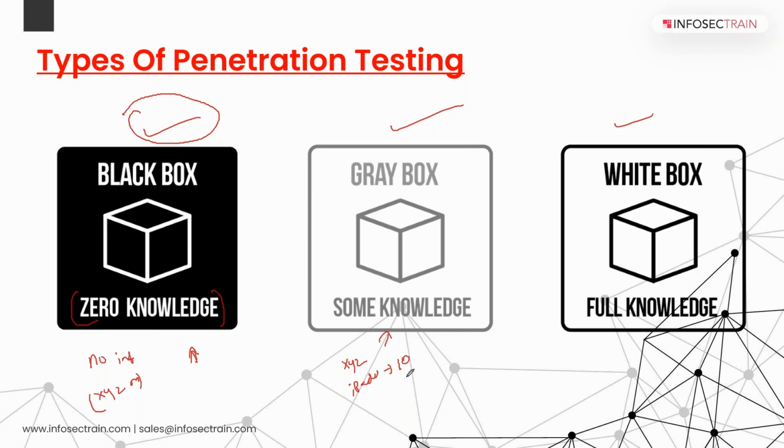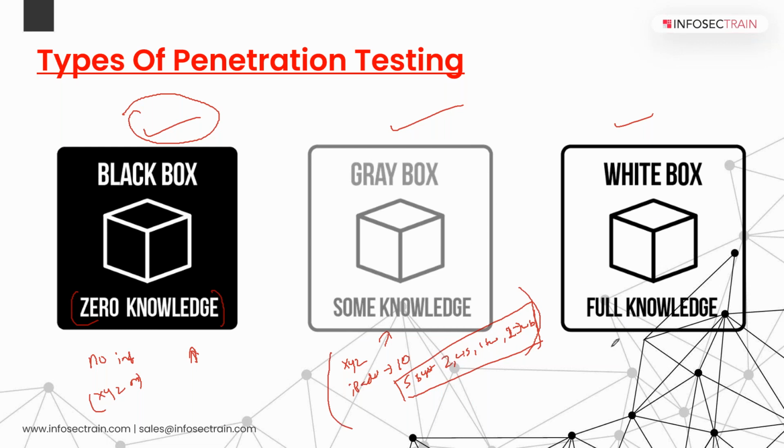Along with that, 5 IPs belong to, let's say, one system, 2 IPs belong to a web server, 1 IP belongs to a firewall, and 2 IPs belong to a website. That's it. Apart from this, no information. So over here, we have some information about the target and we are going to perform a pen test.